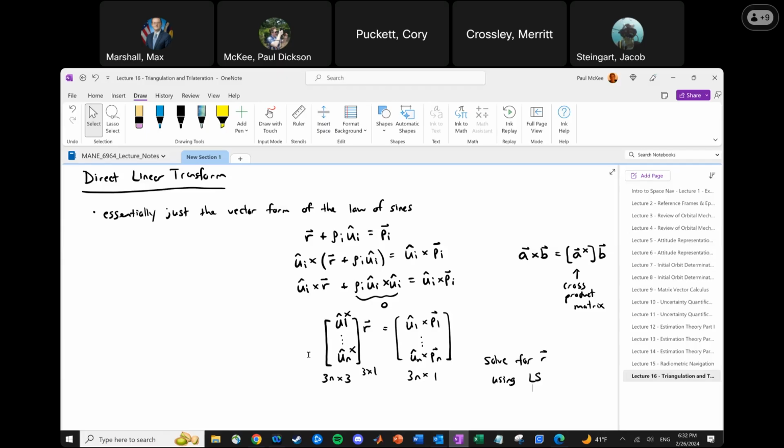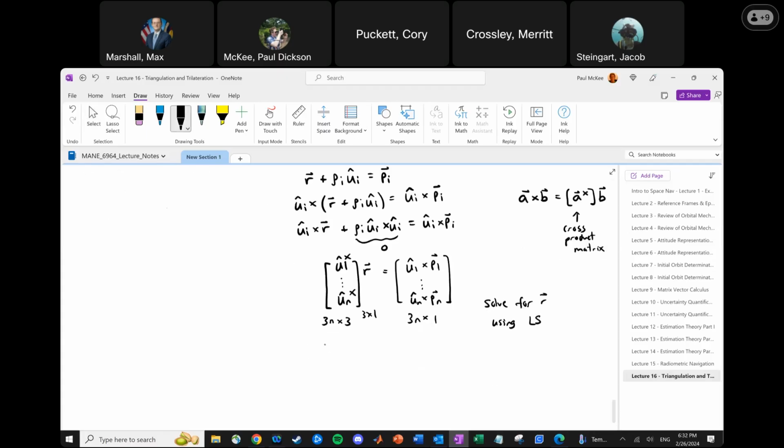In my dissertation and in some of my research, and even some of my work since I've started at NASA, I've been doing the direct linear transform as kind of my go-to triangulation algorithm. Although we can improve on it. I want to be clear. There are definitely better algorithms out there, and we're going to talk about one of them right now. So the direct linear transform, DLT, is simple. In my opinion, it's beautiful, and it scales well. But we can do better.